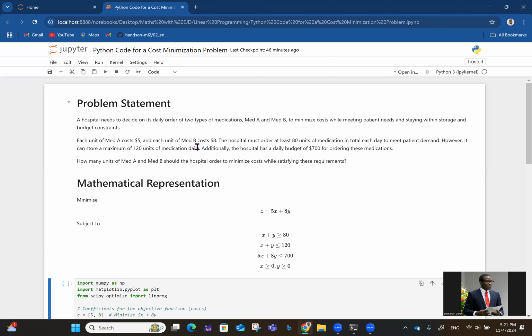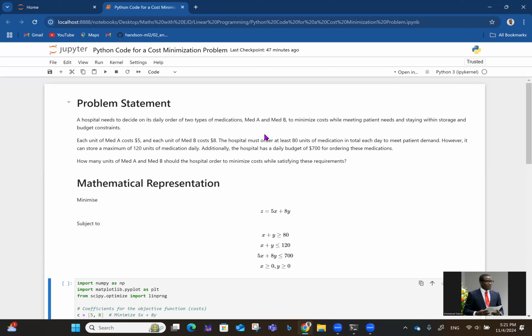So a maximum of 120 units means that the accumulation of both medications should not be more than 120, because if you get more than 120, the hospital cannot store it. So that's why we have the second constraint, which is X plus Y is less than or equal to 120.